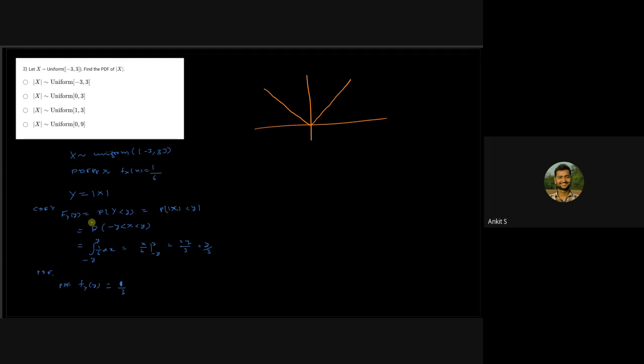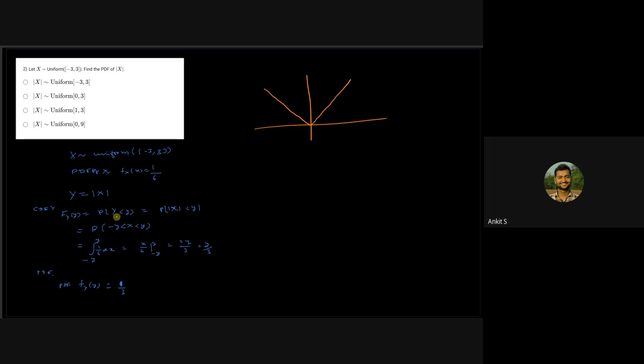So what does CDF mean? We write the CDF of y as the probability that capital Y, the random variable, takes a value less than or equal to small y. Equality does not matter in the case of a continuous random variable, so we can omit that.